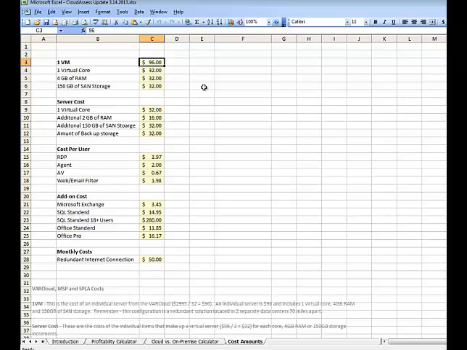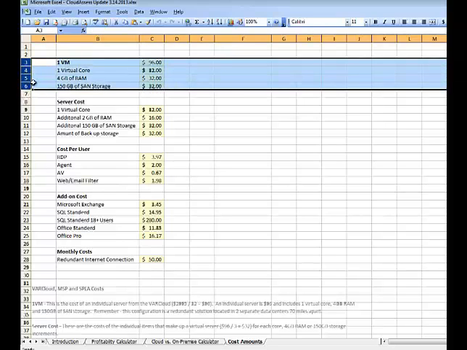And so you can really divide up your VARCloud, what you're paying for it, and still come up with accurate numbers. So I hope that helps, whether you're coming in at the full VARCloud or you're coming in at the virtual private server level. These costs are going to work very well for you over here on the profitability calculator.